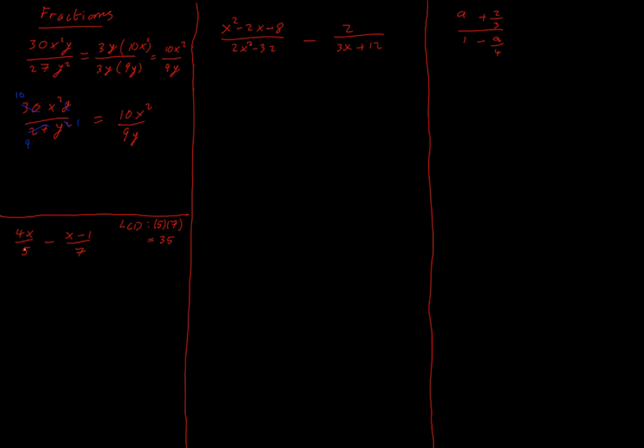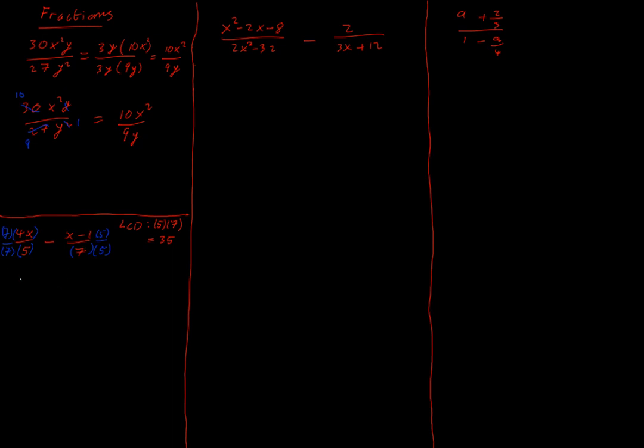So I want to multiply this 5 here by 7 in order to get the bottom line to 35. And in so doing, I have to multiply the top of my fraction by 7 as well to keep the ratio of my fraction the same, to keep the proportion of my fraction the same. And I have to do the same here, multiplying above and below by 5, because I want 35 on the bottom and I want to keep my ratio the same.